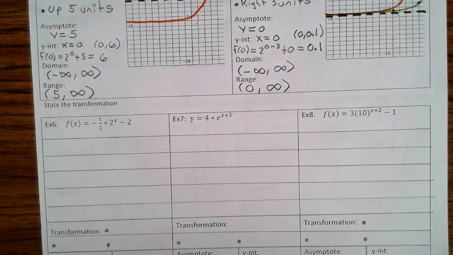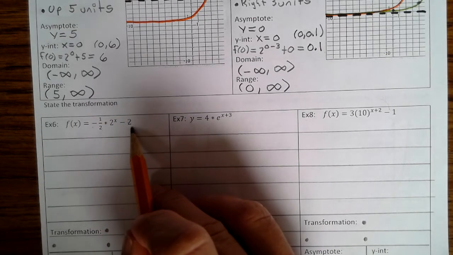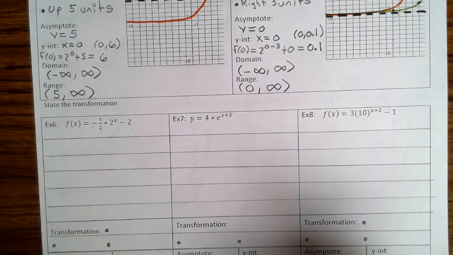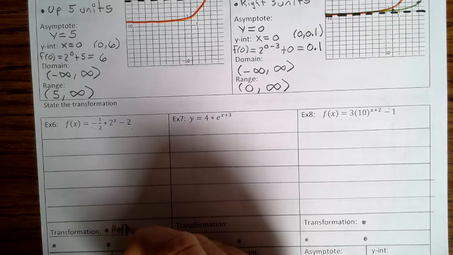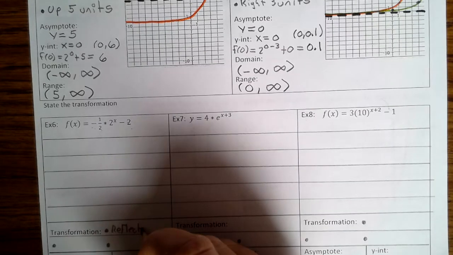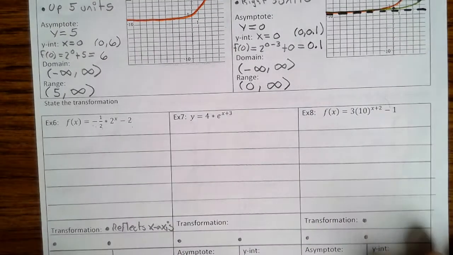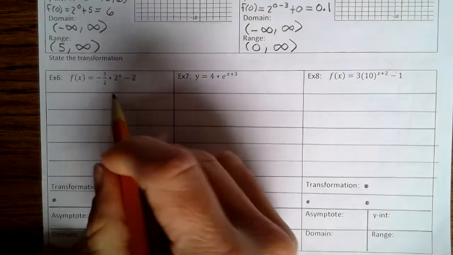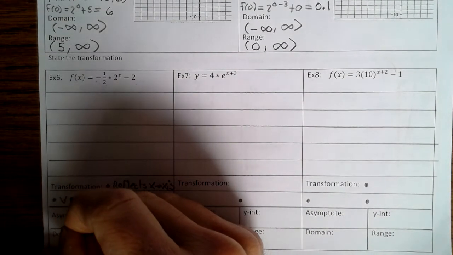So the negative reflects over the x-axis. Okay, the 1/2 is a vertical compression of 1/2, and then the -2 is down 2 units.